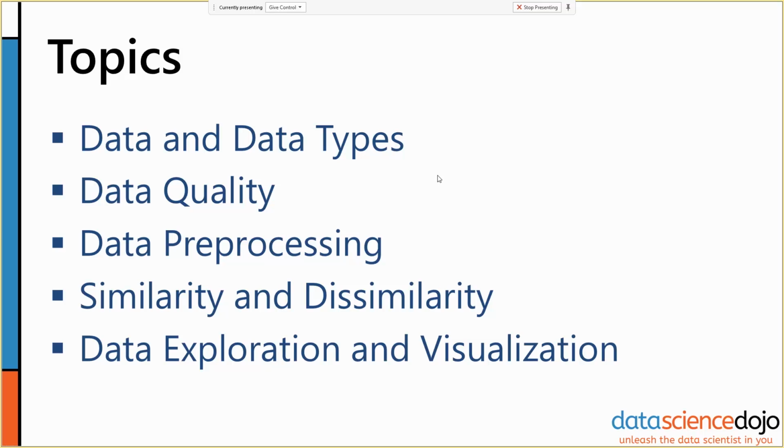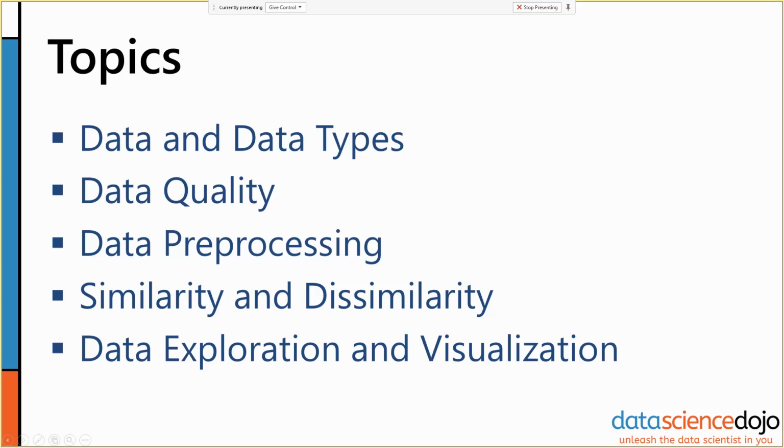All right, so you see on your screen here the topics that we're going to be covering. We're going to be talking to start about data and data types and setting some groundwork for all the things we'll be talking about over the course of the boot camp. Then we're going to talk about data quality and data pre-processing, which are very connected things.